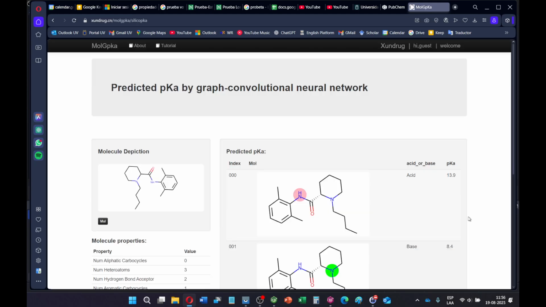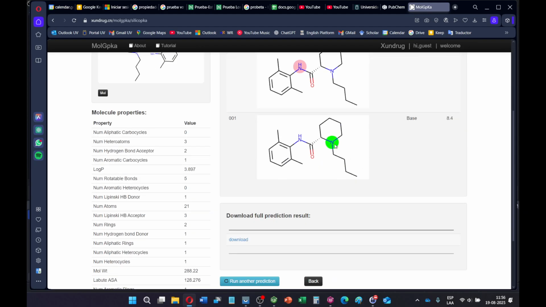Predicted, there it is. And now I want to see this value, look, 8.4. I do not know if that is what is reported. 8.1 it says in the tip.